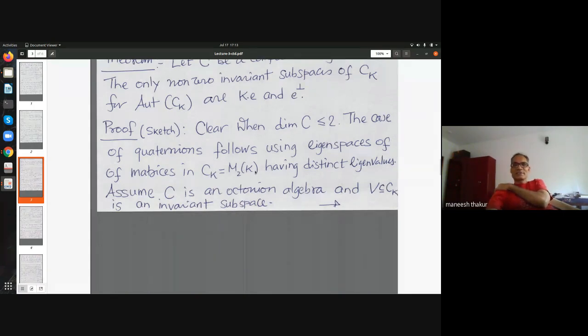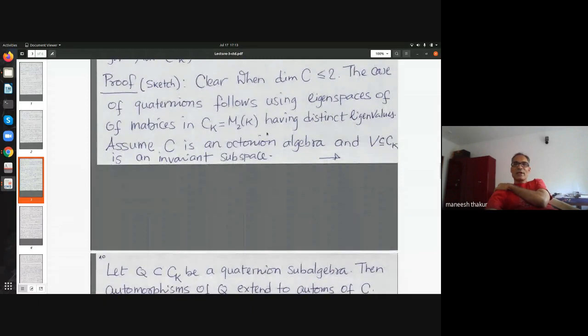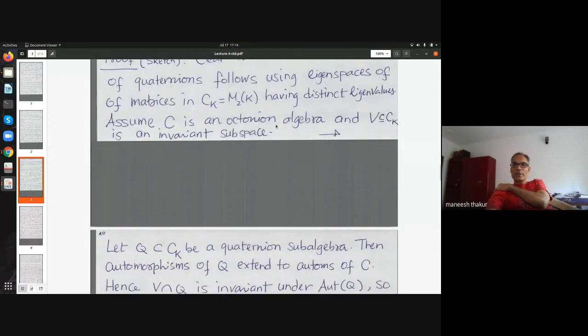As I said, the point is that those invariant subspaces have to be invariant under all automorphisms, and automorphisms of M2K are given by just conjugation by matrices. So any such subspace has to be invariant under conjugation by all matrices. Using specific matrices, you will be able to rule out lots of possibilities. So it's a nice exercise for anybody wanting to play with the 2 by 2 matrix case.